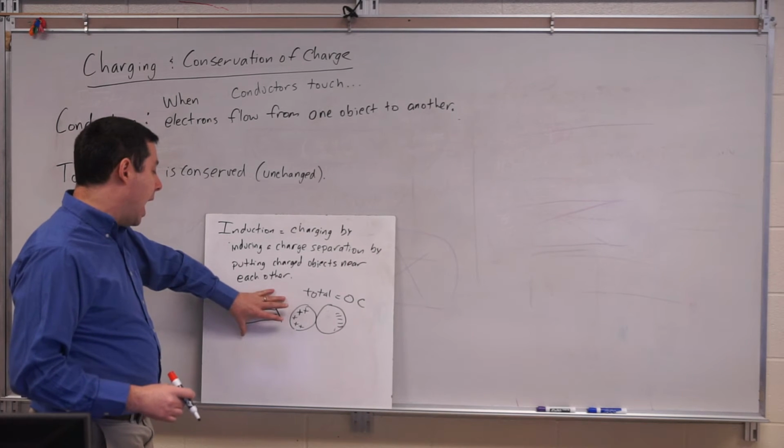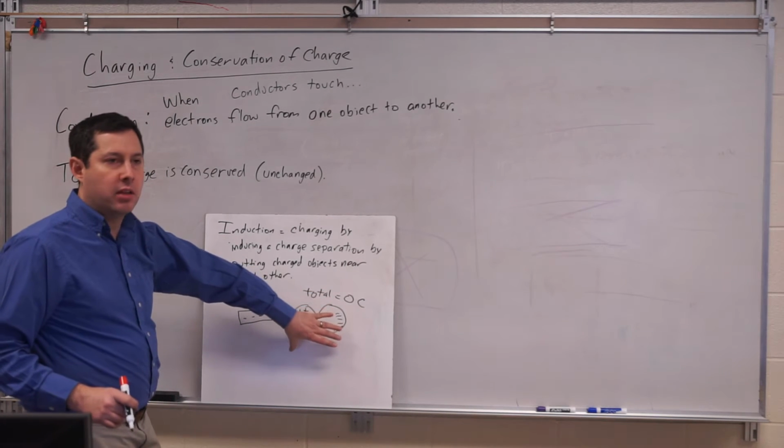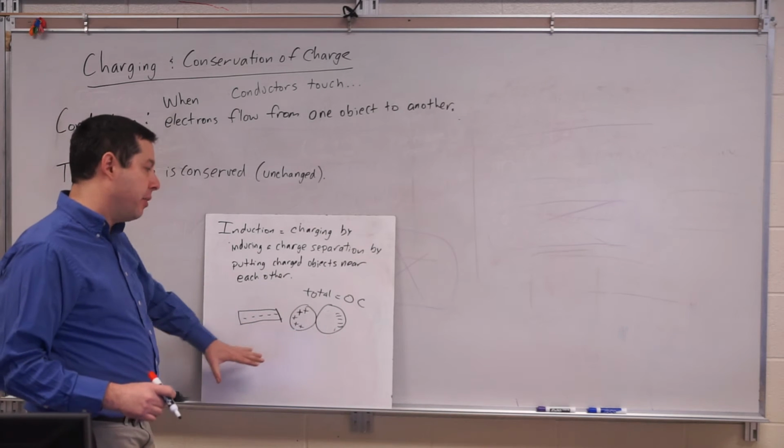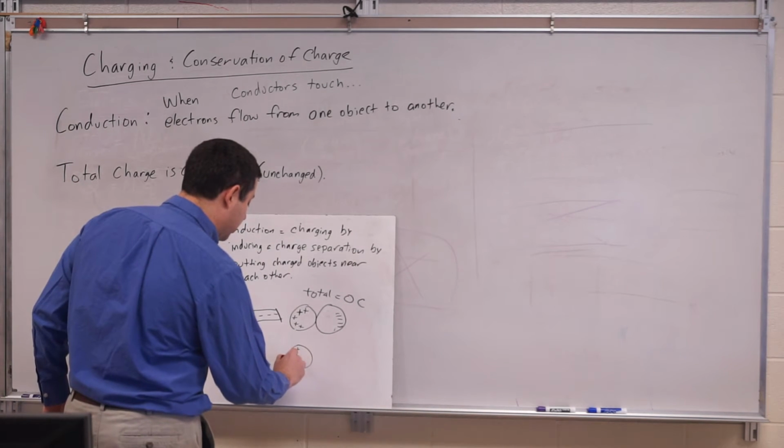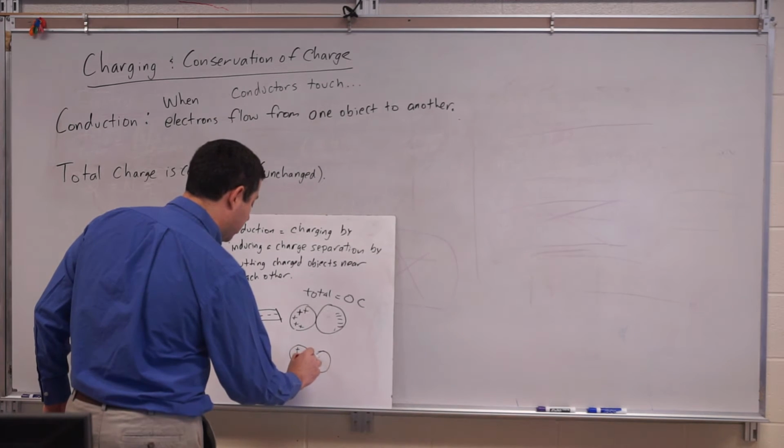If you remove the rod, all of the protons and electrons would go back to the way they were before. Like if you remove the rod, you'd go back to plus, minus, minus.